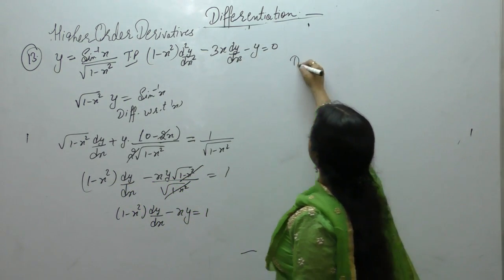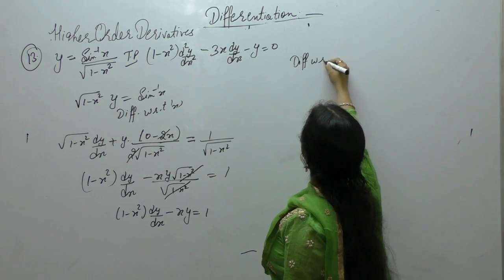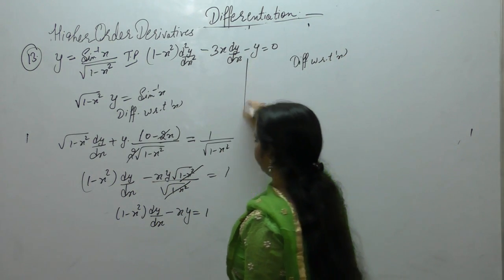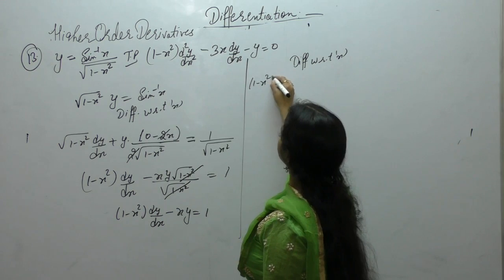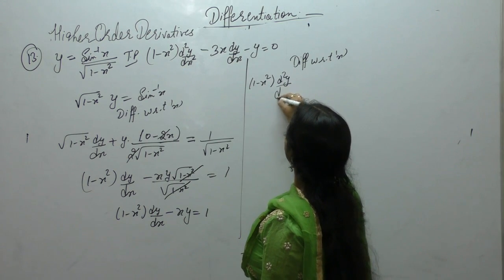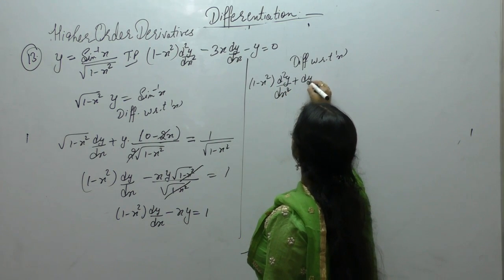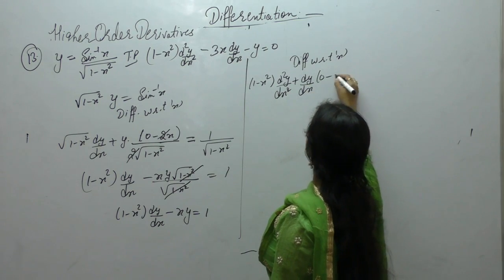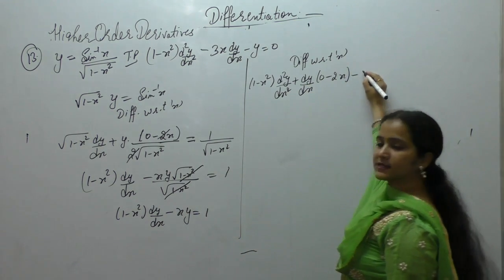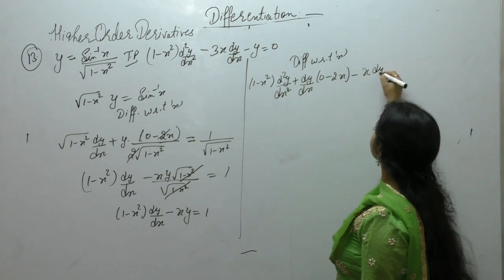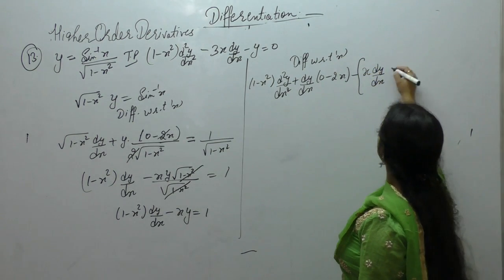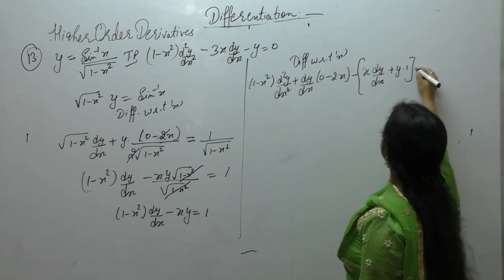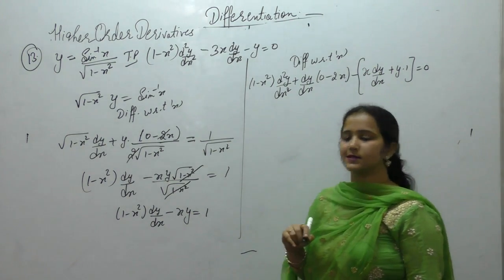Now again differentiate with respect to x. What do we get here? First function, derivative of second, plus second as it is, derivative of first, minus first derivative of second plus second derivative of first, and derivative of 1 is 0.